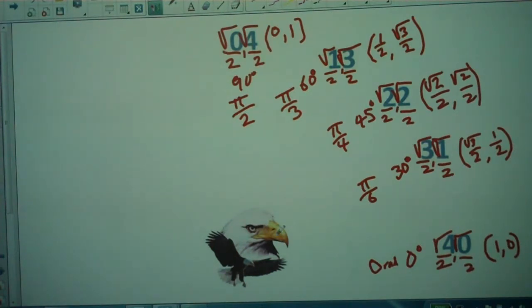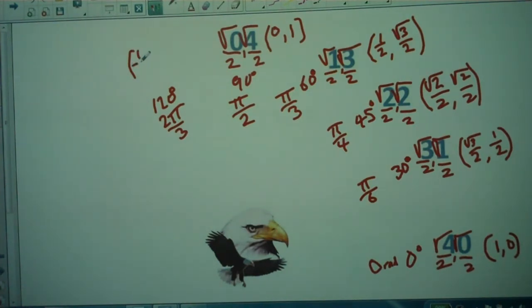And I'm just going to go one more as we go another 30 degrees over here to 120 degrees on the unit circle. That's going to be 2 pi over 3. And as far as what the coordinate is, our cosine value of 1/2 is going to be on the other side of that y-axis.